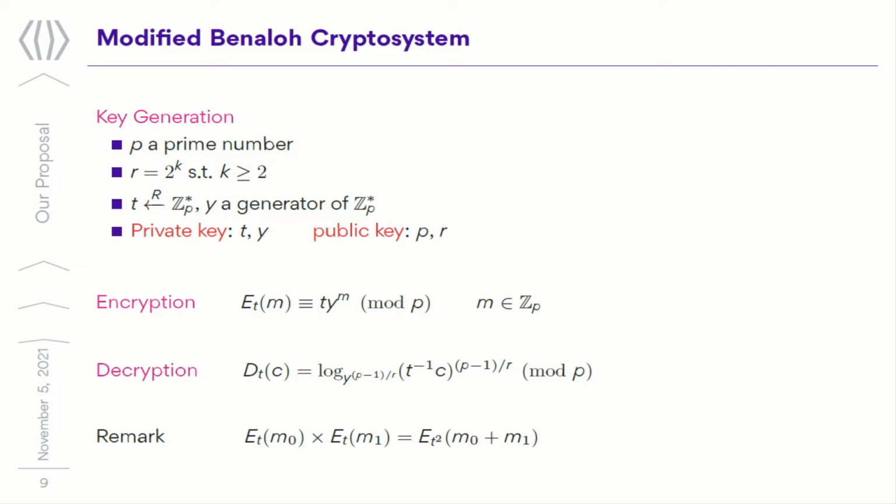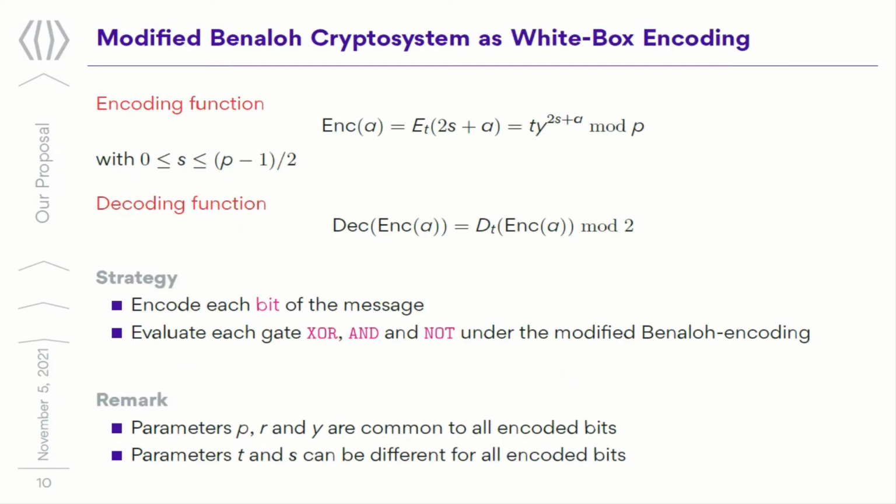Now, we will use this modified cryptosystem in order to create an encoding. And the encoding function is very simple. If we want to encode a bit A, it's just the encryption of 2s plus A, where s is a random number.